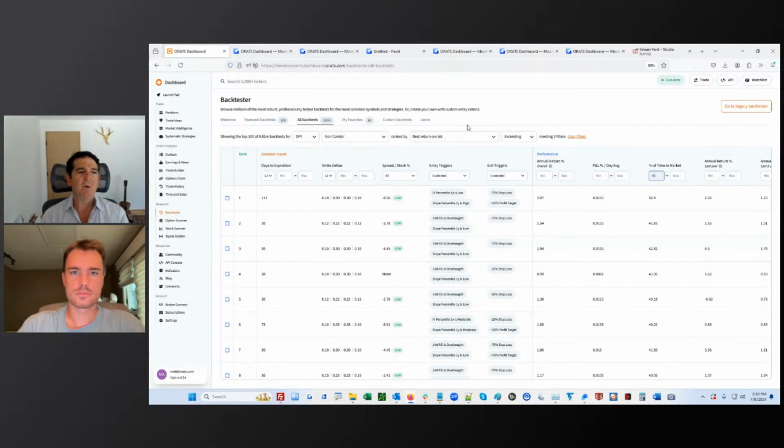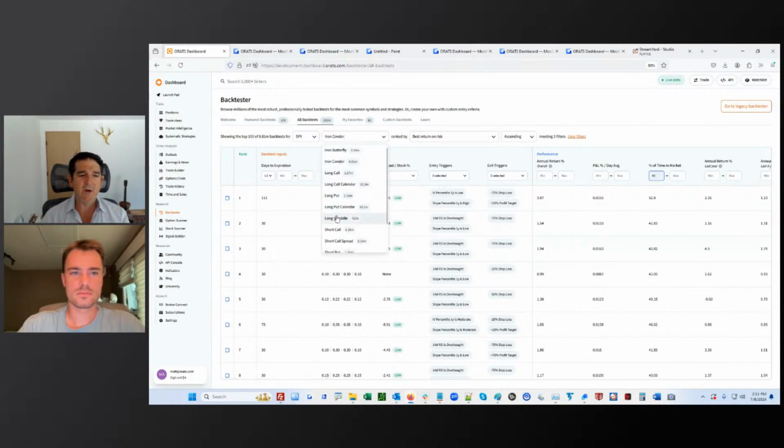For this, we'll go to the backtester. The backtester now has 181 million backtests in it. So you could sort through a lot of different ones and learn a lot from this. Obviously, backtesting is no golden goose, but you could learn a lot from it.